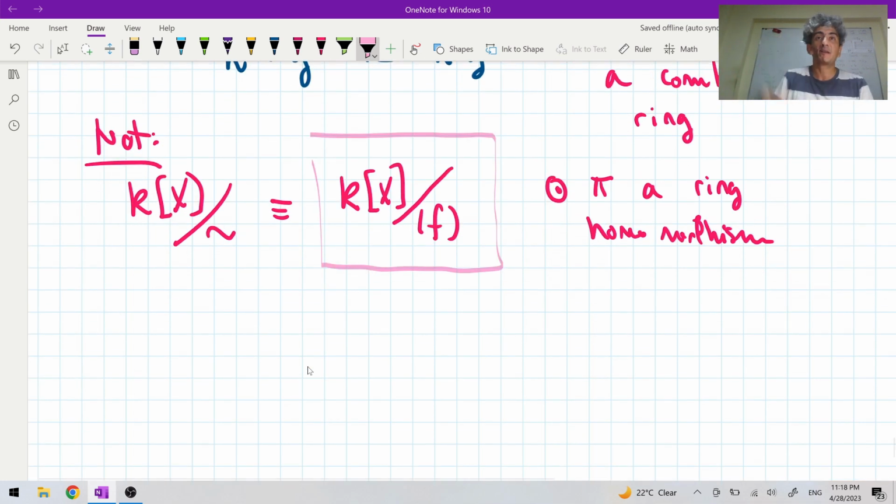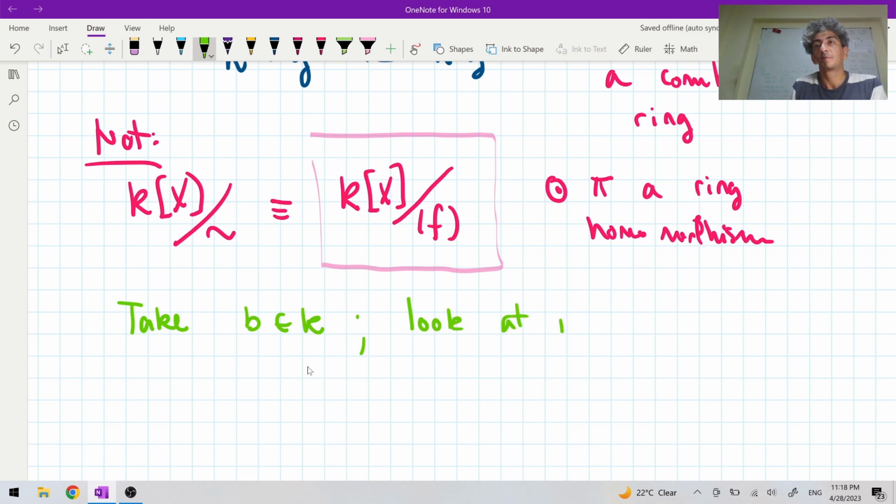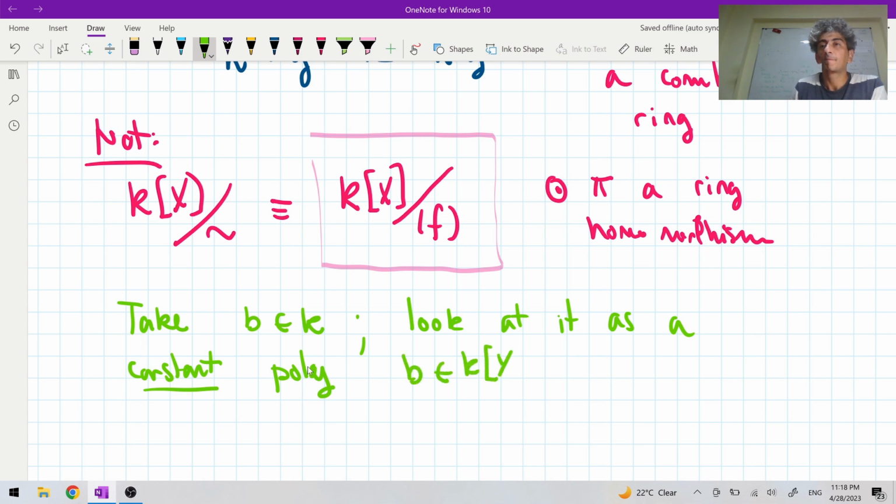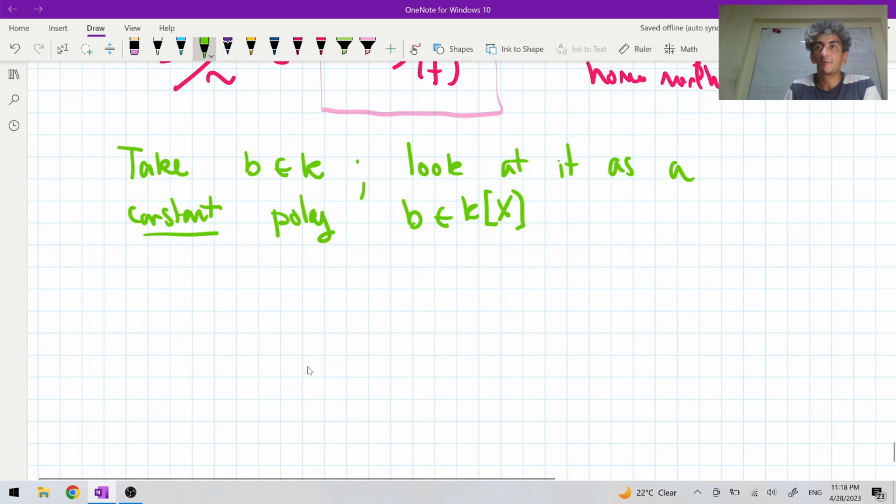And now it's time to look at how the projection works. Take an element in K, look at it as a constant polynomial, and then you project it to the quotient ring.